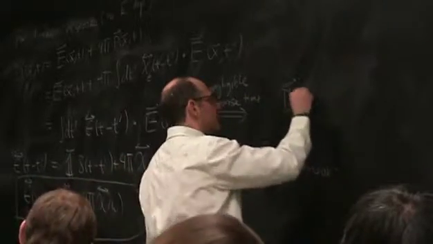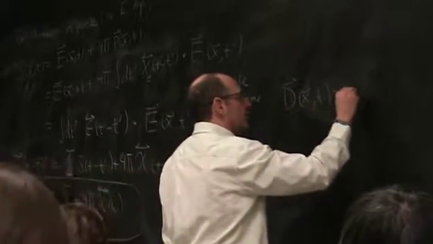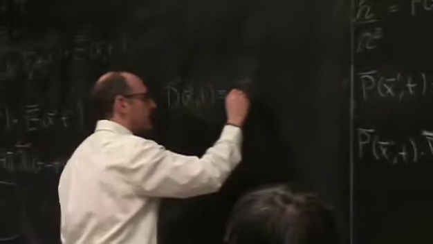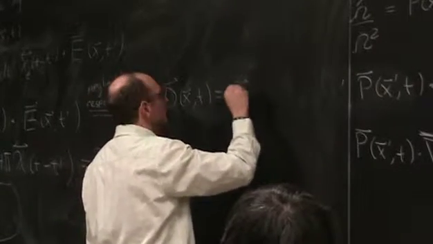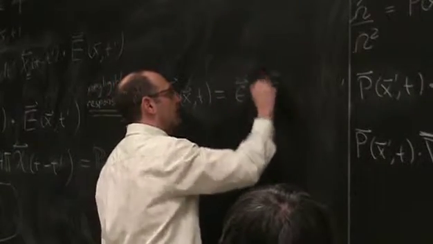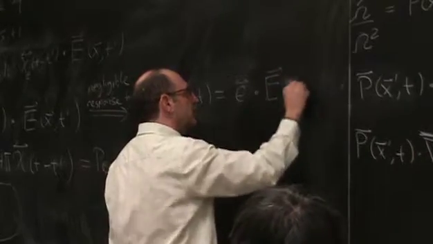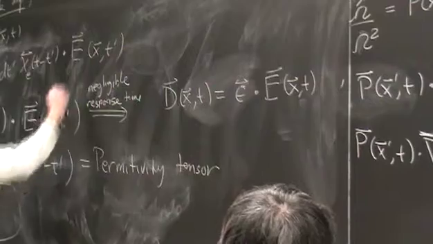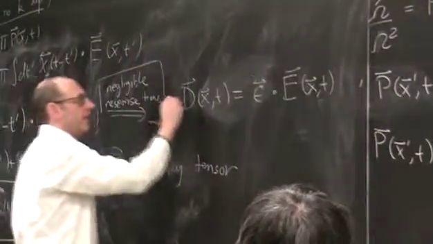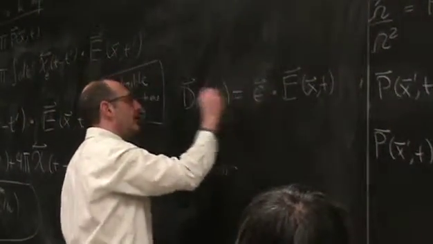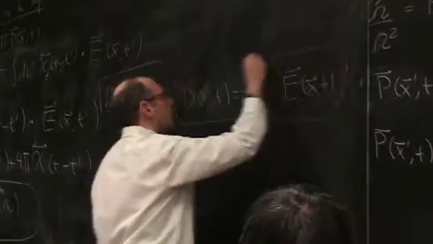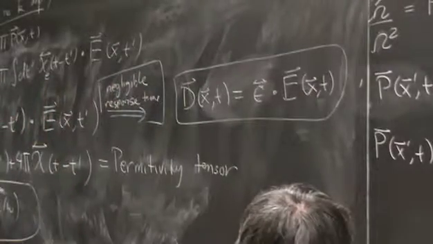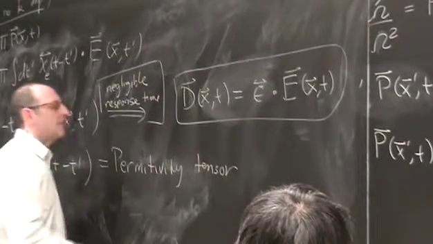D as a function of position and time is epsilon dotted into E. So this is for a homogeneous medium with no k dependence and for negligible response time. Then D is just proportional to E through the permittivity, yes, the permittivity.